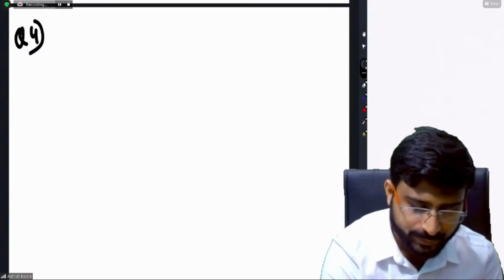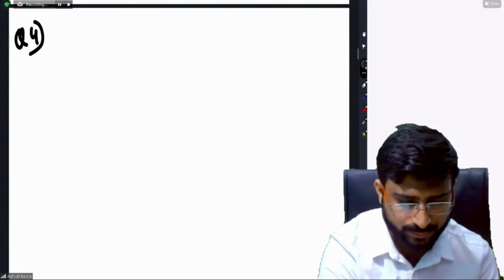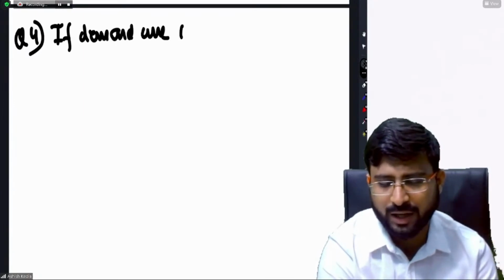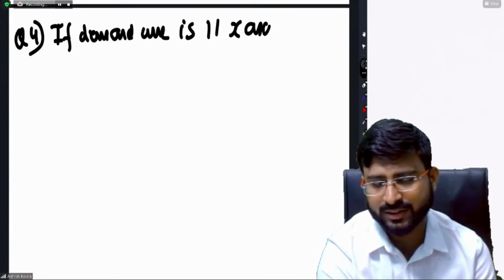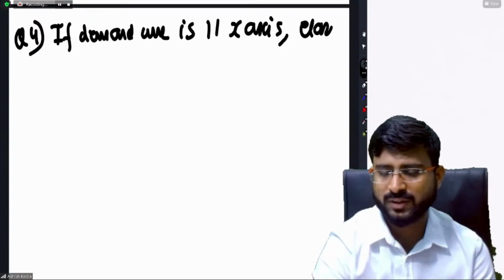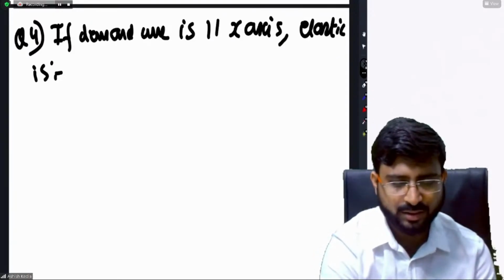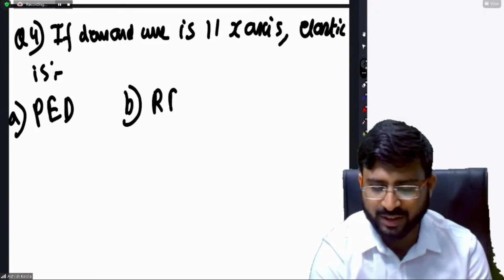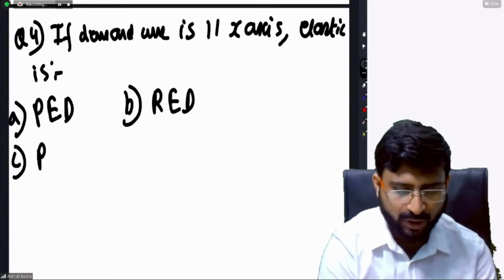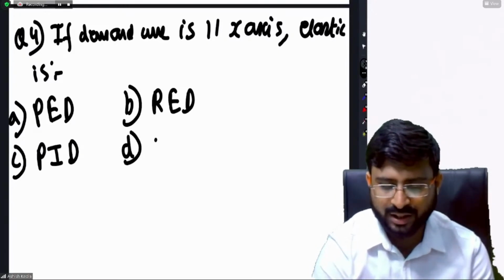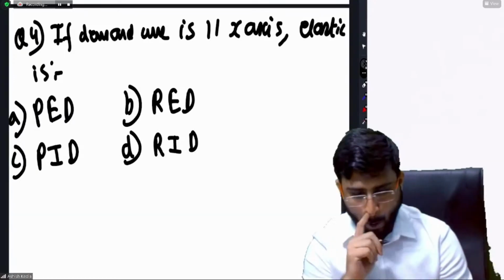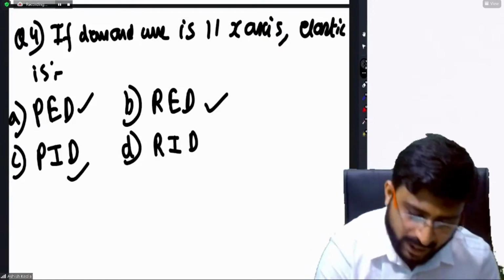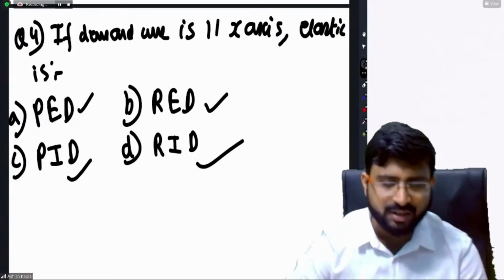Question is, if demand curve is parallel to x-axis, elasticity is A perfectly elastic demand, B relatively elastic demand, C perfectly inelastic demand, D relatively inelastic demand. PED is perfectly elastic, RED is relatively elastic, PID is perfectly inelastic, RID is relatively inelastic.